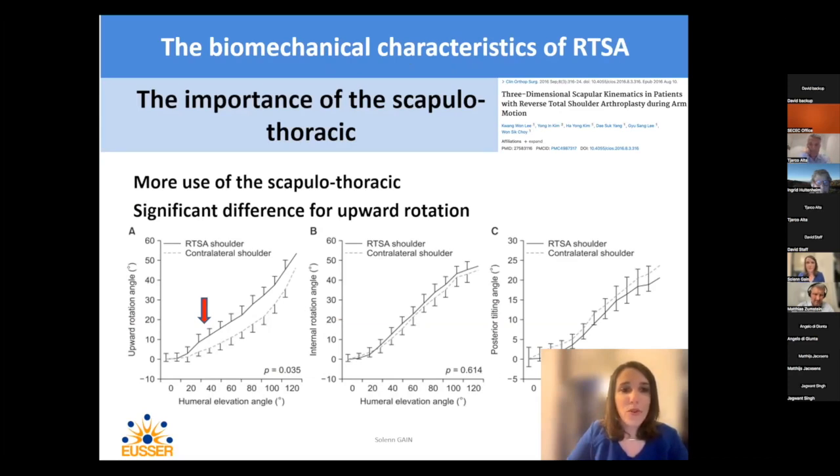There is more use of the scapulothoracic in the reverse shoulder arthroplasty compared to the normal contralateral shoulder. And the significant difference is for upward rotation. So we have to focus on improving upward rotation in rehabilitation.